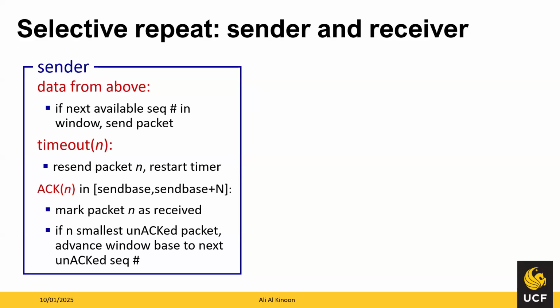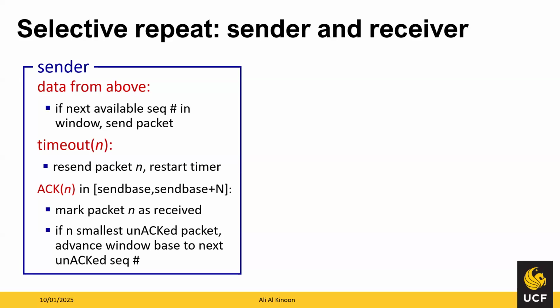So now you have the big picture of how selective repeat works. This is just a way for us to define the formal rules for the sender and receiver. For the sender, when data comes down from above, if the sequence number is within the window, the sender says this packet is ready to be sent.